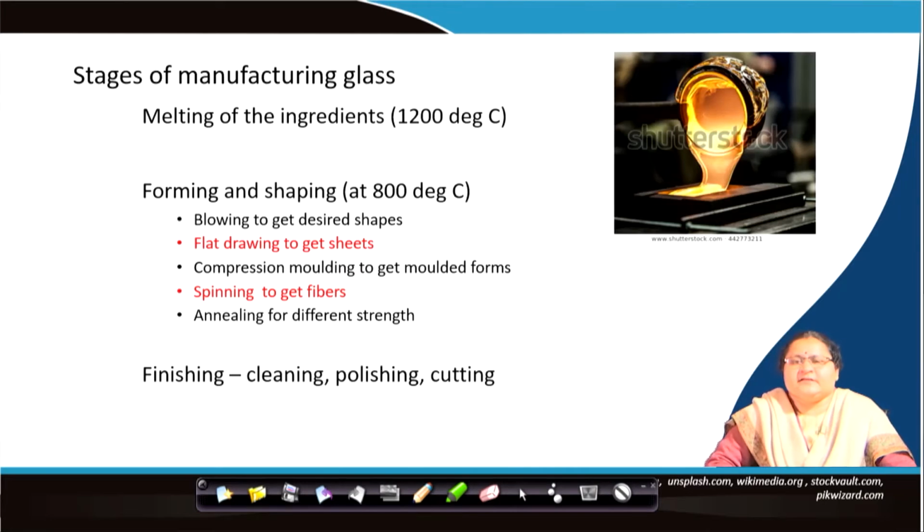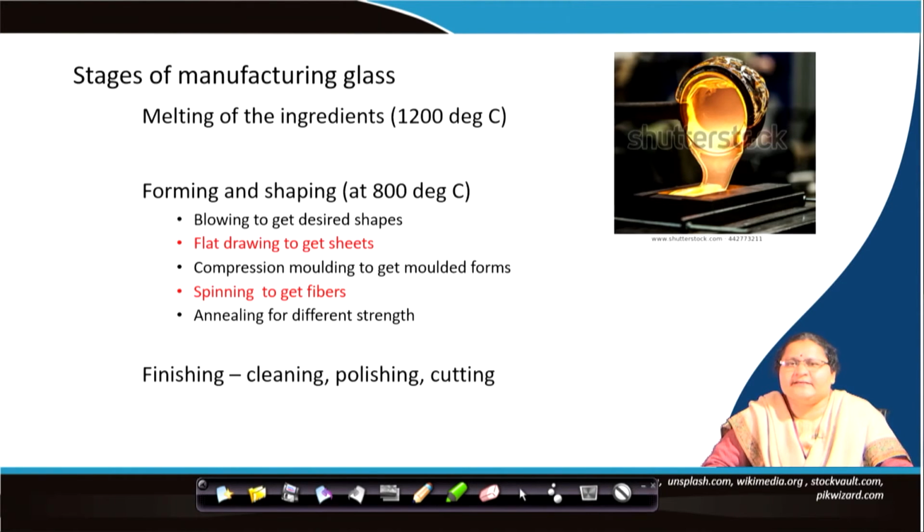So, let us see the stages of manufacturing and the ingredients that make this totally transparent material. The stages of manufacturing are: one is melting, then forming, and then finishing. These are the basic three stages.